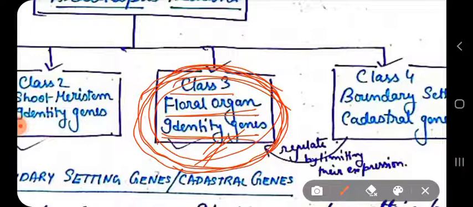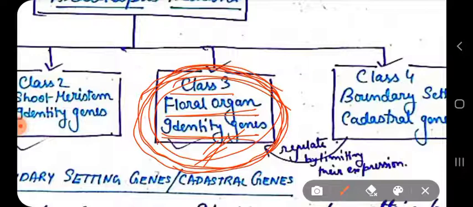And wherever they express, there they will act in a particular organ. So in short, these floral organ identity genes are very specific, they are organ specific. Their expression will lead to the development of different organs of the flower, like sepals, petals, carpels, and stamens.